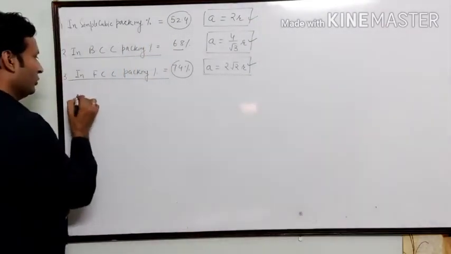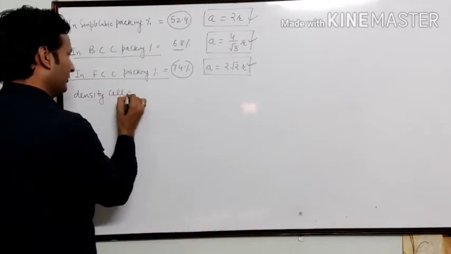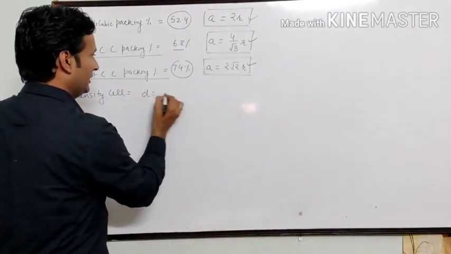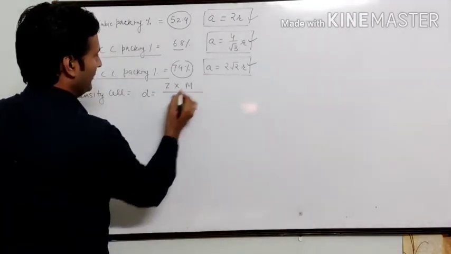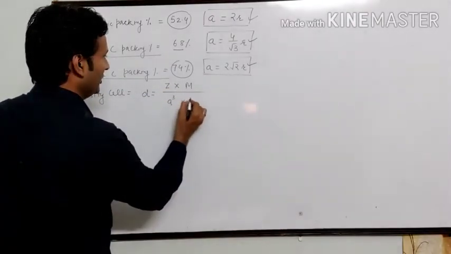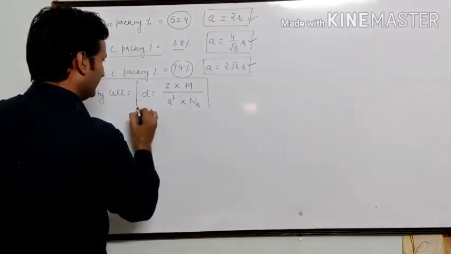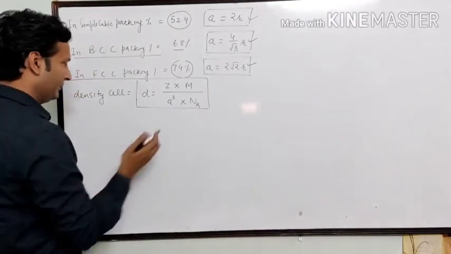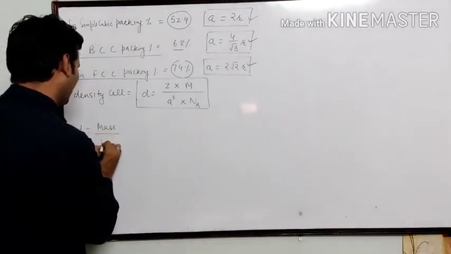The density of a unit cell can be calculated with the help of the formula D is equal to Z into M upon a cube into NA. It is the formula of density which can be easily derived. As you know, density is equal to mass upon volume.